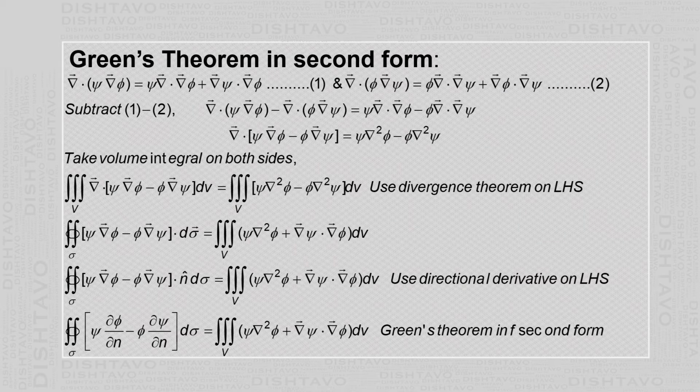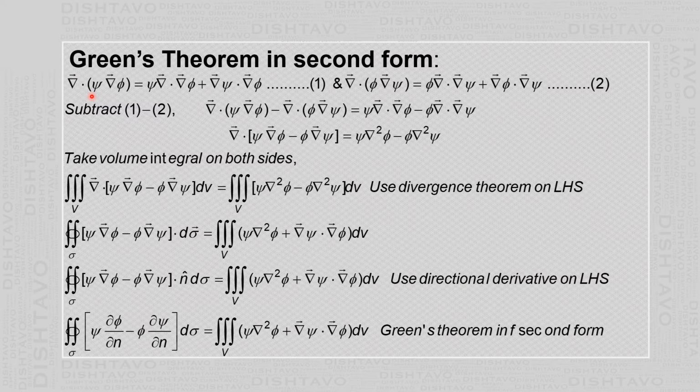Let us obtain Green's theorem in the second form. We first take the divergence of psi grad phi, that is del dot psi grad phi, and we use here the derivative of the product. See, del is a derivative.